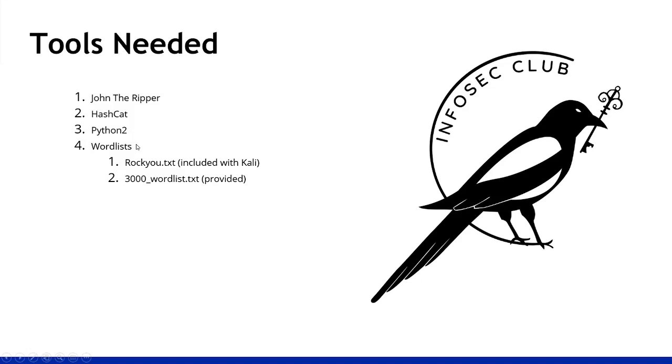For today's workshop, we'll be needing John the Ripper, Hashcat, Python 2, and two different word lists. First one's rocku.txt, and the second one's 3000 word list.txt. Everything should already be included in Kali, if you guys are using Kali.